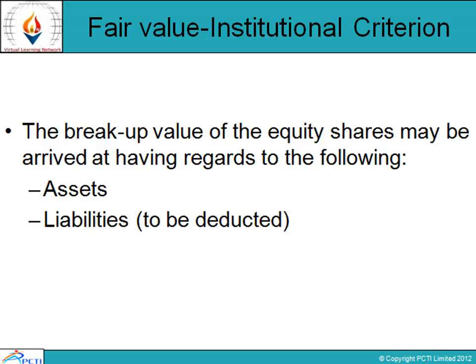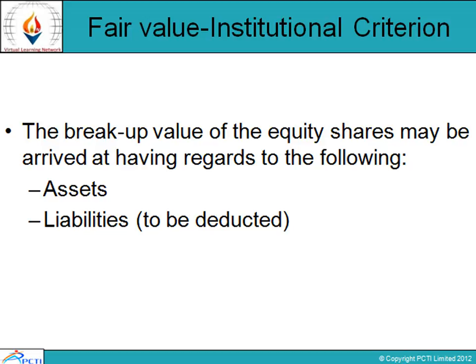Right. When we talk about the liabilities which are to be deducted, these are preference share capital or outside liabilities, whether by way of loan, debentures, deposits or sundry creditors. There could be provisions for gratuities or taxes, and dividends payable out of reserves and surpluses.